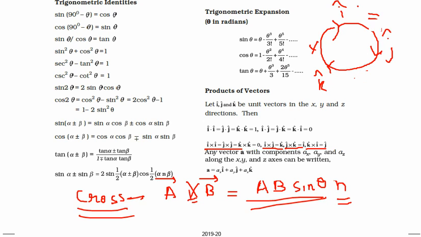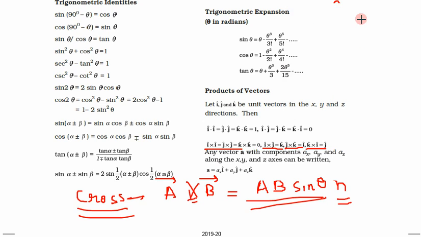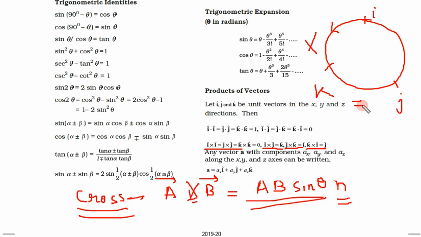Suppose we go in reverse, what will happen? So this is i, j and this is k. Now we are seeing in reverse fashion, i cross k. i cross k is not equal to j but minus j. Similarly, k cross j, reverse order, is not i but minus i.